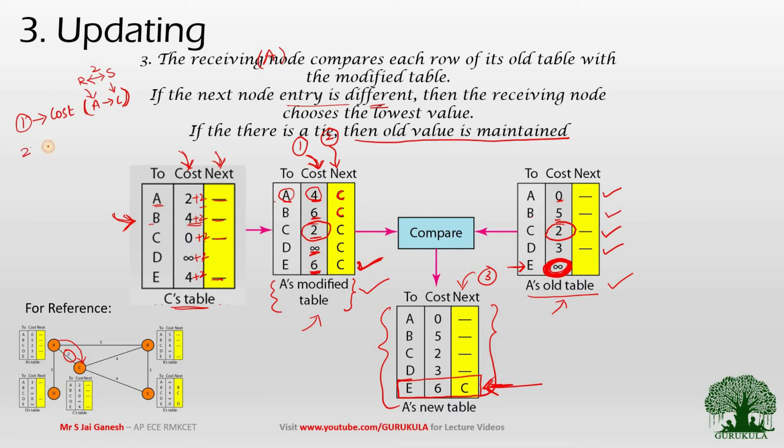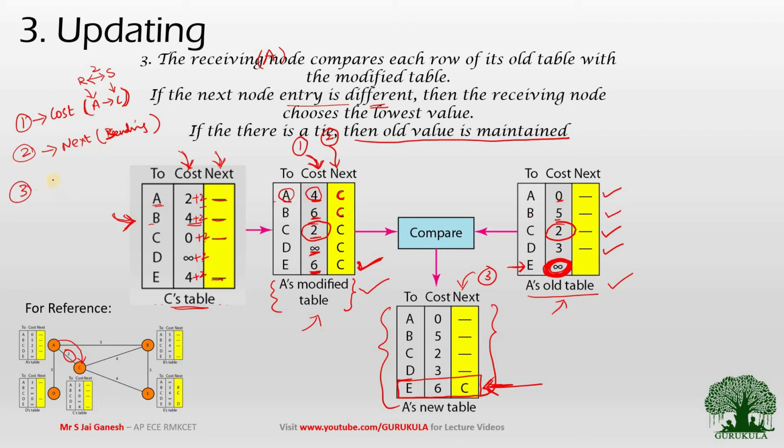And the second step is you need to create the updated next hop column. In the next hop column you simply replace the values with the sending node. Here the sending node is C, so we have replaced all the values with C. These two steps give you the modified table.